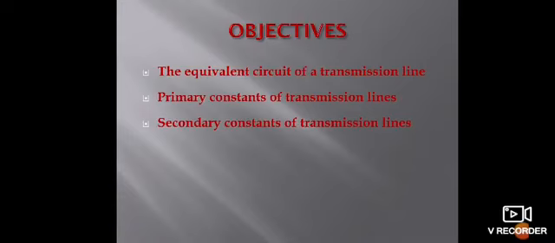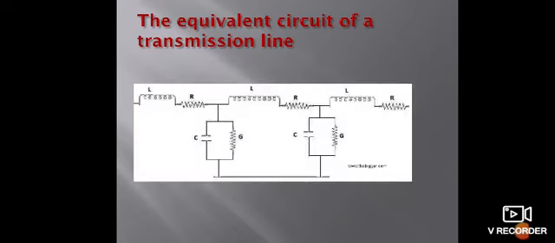This is the best example of this. So in the two-wire transmission line we will have L, R, G and C, that means resistance, inductance, conductance and capacitance.